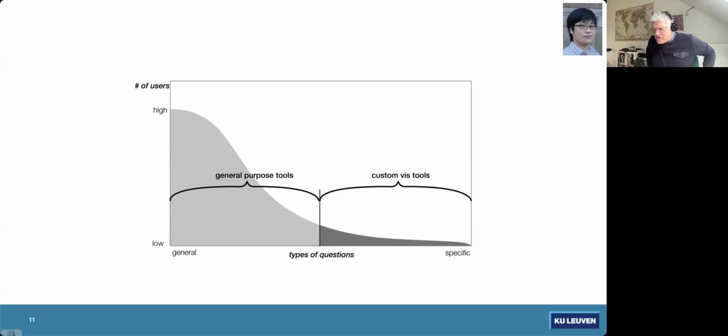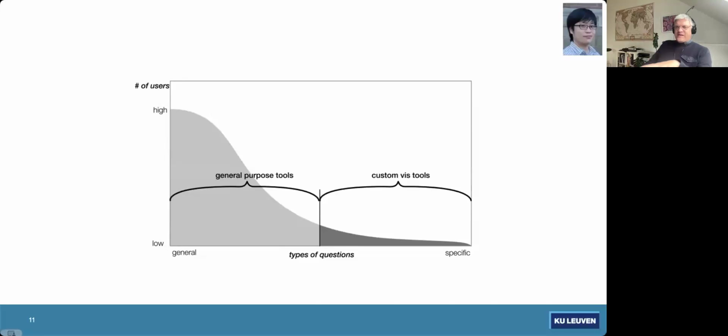The moment that you start looking at biological data and microbiome data or other very complex data, then Excel will not cut it, right? Then you have to use R or Python to write a custom script. So compare that one custom script versus Excel. You're in this realm here for very specific questions. But of course, the number of users is very low then. It can be just 2 or 3.